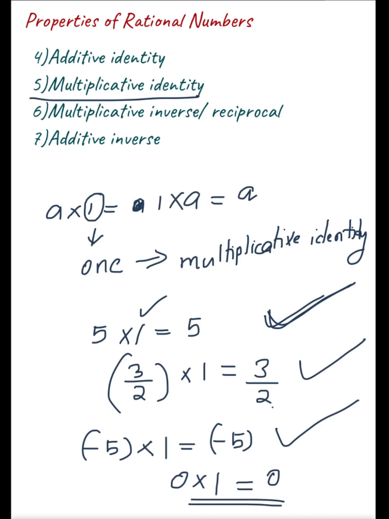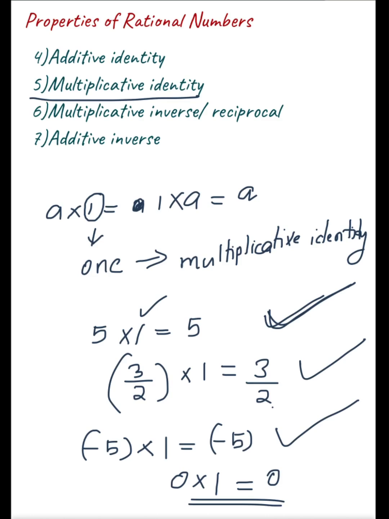That is a particular rule for 0. 0 when multiplied with any rational number gives 0 itself. That's a special rule for 0. While considering multiplicative identity, you don't have to think about that 0. You just have to know that 1 is the multiplicative identity for rational numbers. So that's all about multiplicative identity.